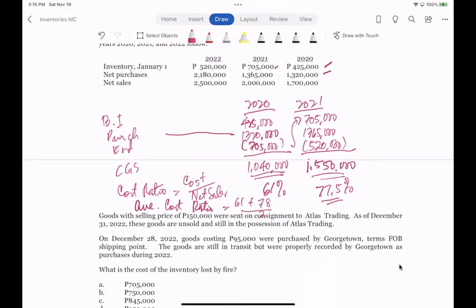Again, that's 1,550 divided by 2 million. So that's 77.5, whereas 1,040,000 divided by 17 is 61.2. So 61.2 plus 77.5 divided by 2, that is 69%.